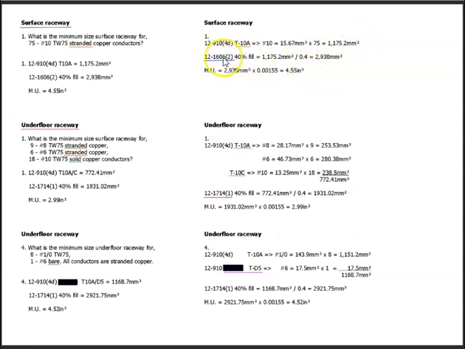So here, what we're going to do is apply the code to the surface raceway itself when it comes to the 40% fill. So 12-1606 subrule 2, because 12-1600 deals with surface raceways. 40% fill. So what we're doing here is going a little bit backwards to track down the size of the raceway itself.